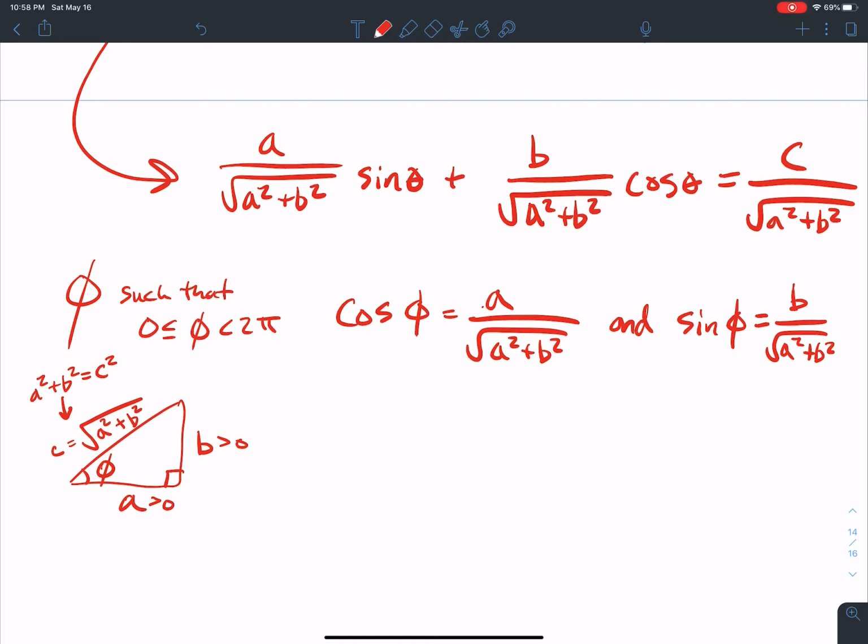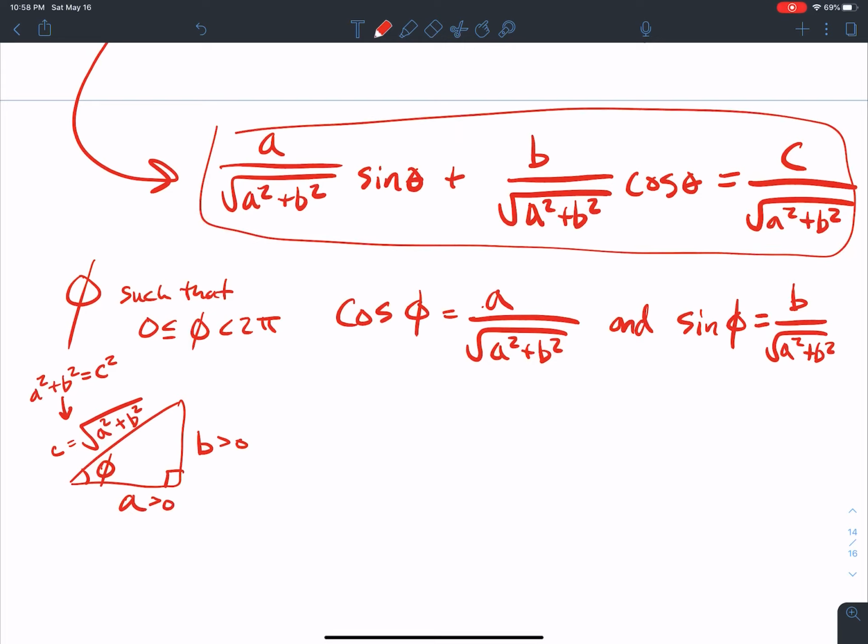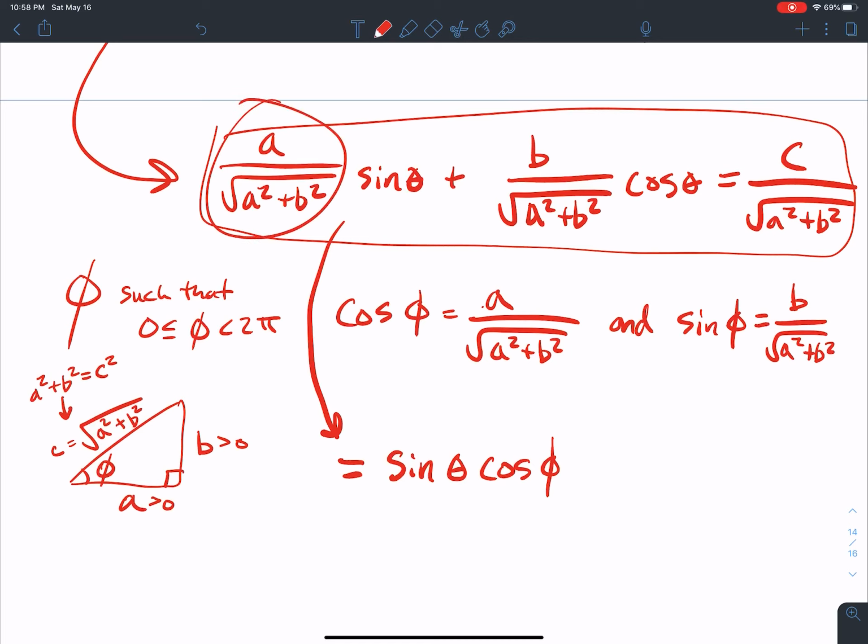So if that's the case, then this equation becomes the sine of theta times the cosine of phi. So I'll replace this nasty thing with cosine phi, and then plus the cosine of theta times the sine of phi. So this nasty thing gets replaced with the sine of phi.